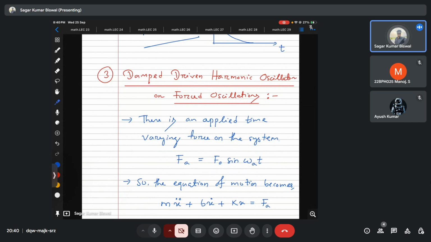There is an external force also that we are applying here. The equation is the same. There is a spring force, there is a drag force or resistive force, but here there is an applied force, a time varying force, that you are applying to the system.